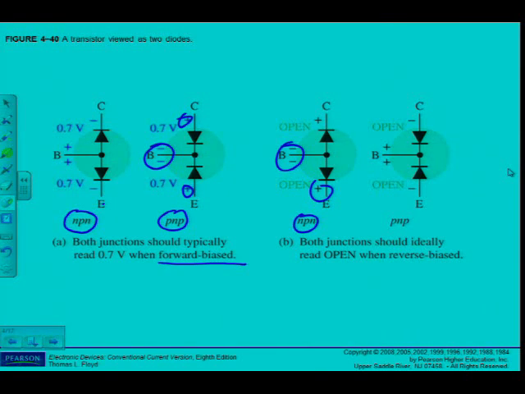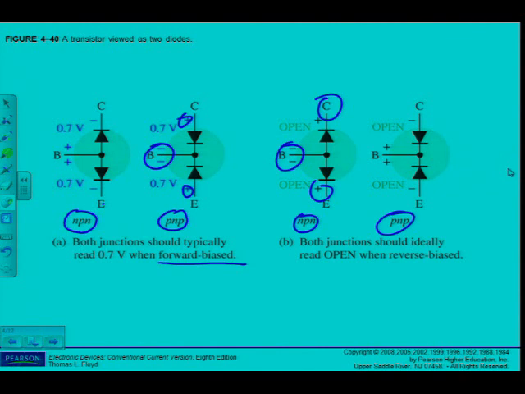Okay, so it depends on how old the meter is that you work with. And the same, of course, with the base collector junction when that's reverse biased. Should act as an open, and of course again the opposite for the PNP transistor.